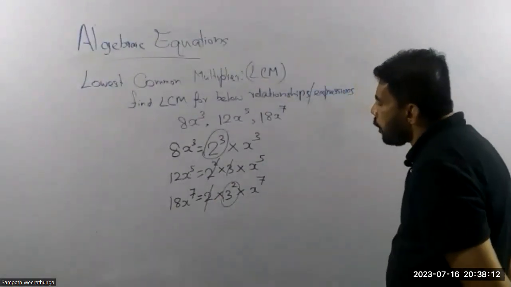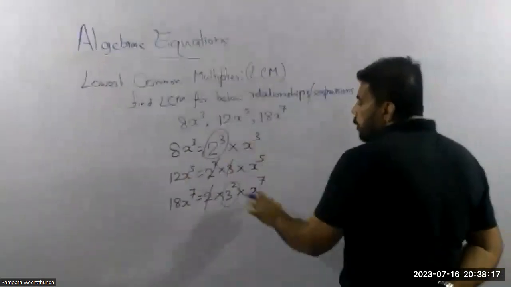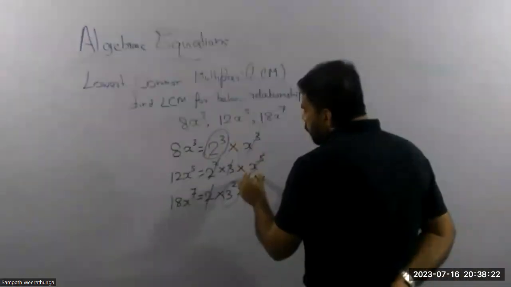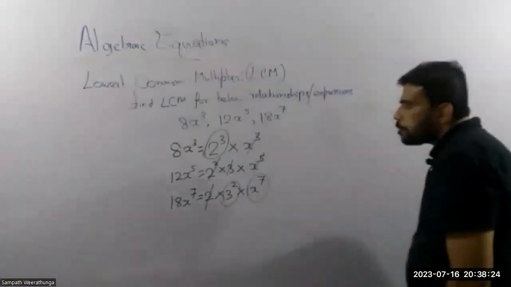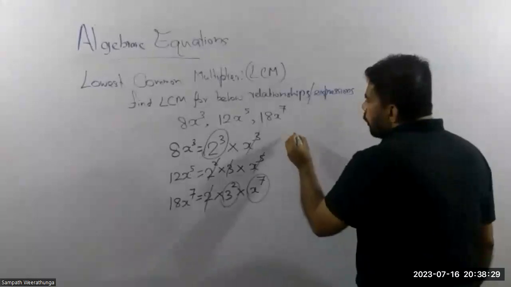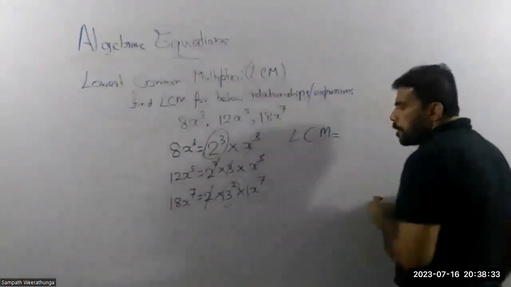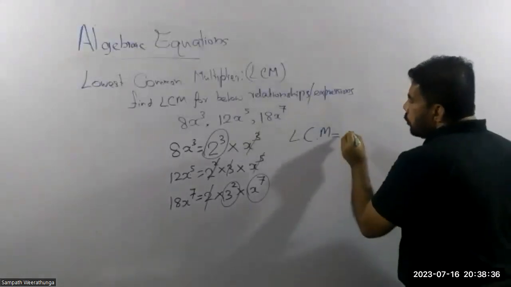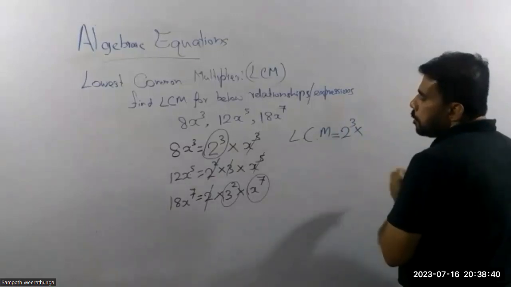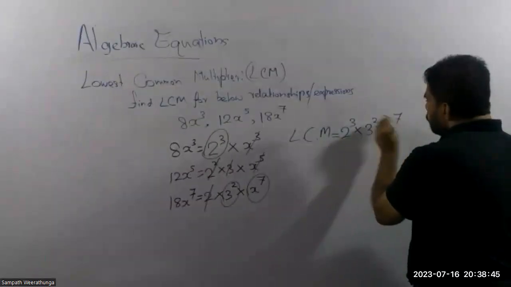Then the x terms, x^3, x^5, x^7: out of those, x^7 is the lowest common multiplier. So the lowest common multiplier for the given expressions is 2 into 2 into 2 into 3 into 3 into x^7.